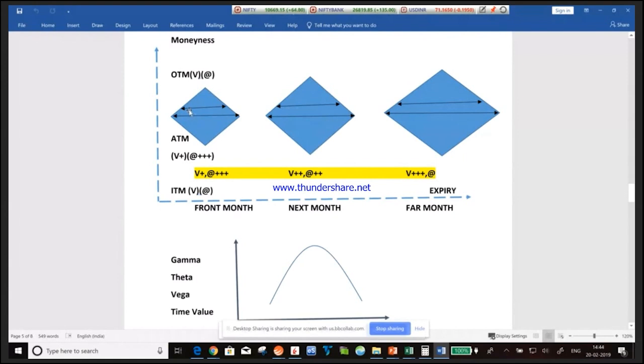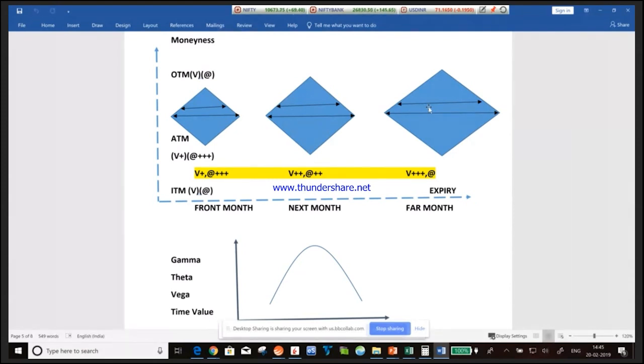Similarly, even for the out of the money strike, the front month out of the money option will have lesser Vega compared to the next month out of the money. The same thing will be still higher for far month out of the money. So be it in the money, out of the money, or at the money, the Vega is highest for far month and least for the front month.